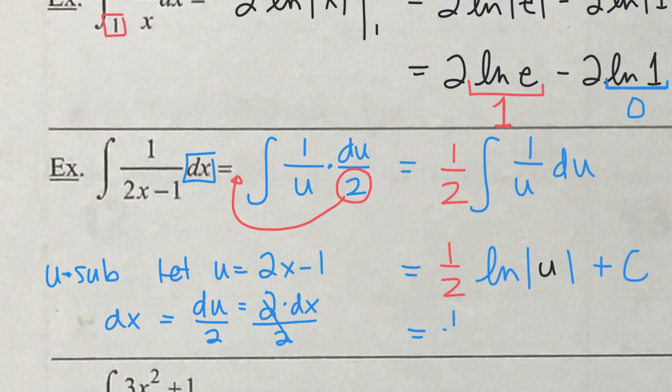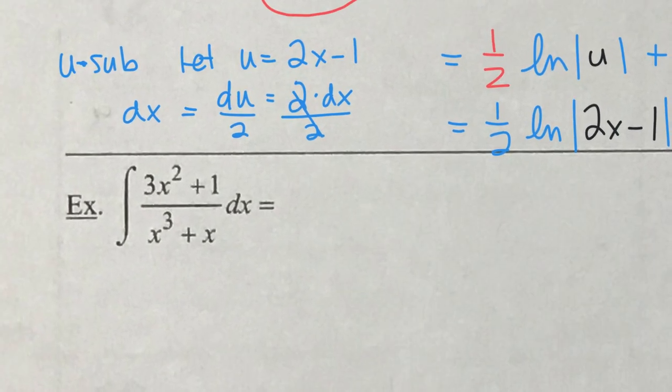Now we go back and we're going to replace our u with 2x minus 1. So that would be our final answer: 1/2 of the natural log of 2x minus 1 plus c is our antiderivative of the integral of 1 over 2x minus 1 dx.